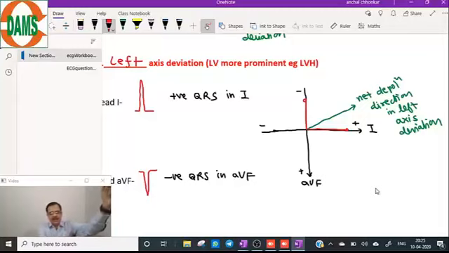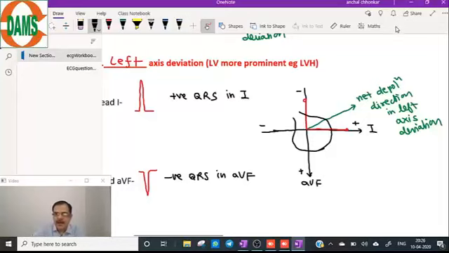This is the lateral wall. It will take the voltage towards the left shoulder, predominantly. Left lateral wall, posterior wall, they are becoming more hypertrophied, so they will take the voltage towards the left upper shoulder.